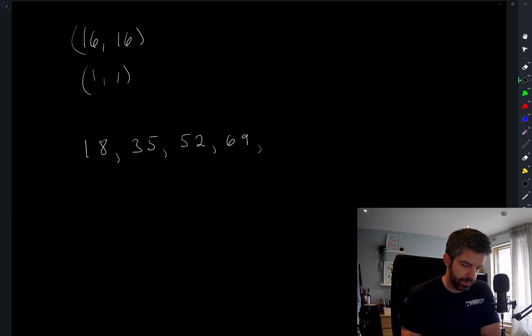Plus 17, 86, not a multiple of 8. Plus 17, 103. 120, that's a multiple of 8. That's 8 times 15.